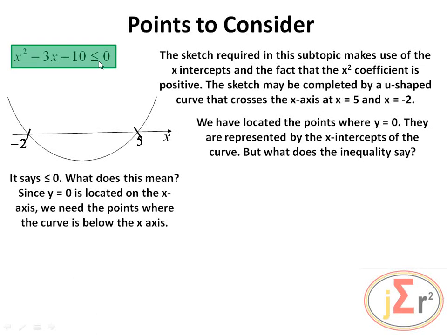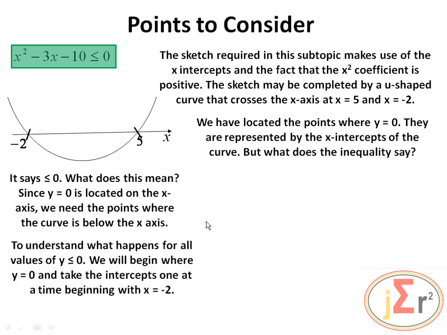Therefore, we are talking about the portion of the curve that is below the x-axis. So what do we mean? This region here, where the curve is below the x-axis. That's what we are solving for.